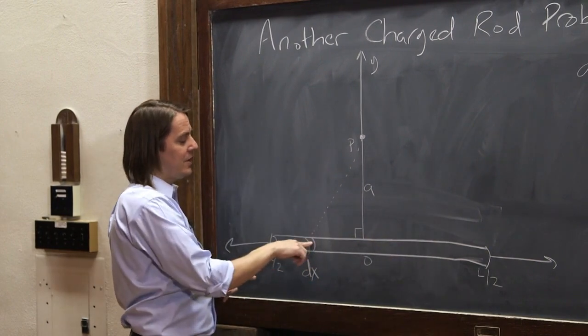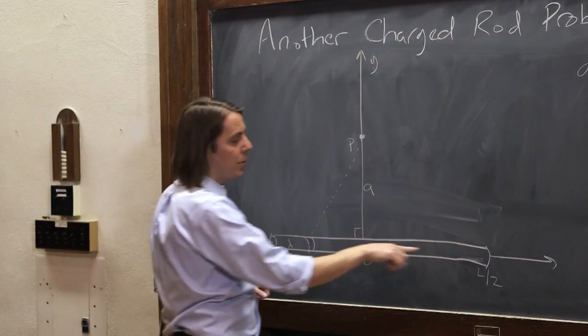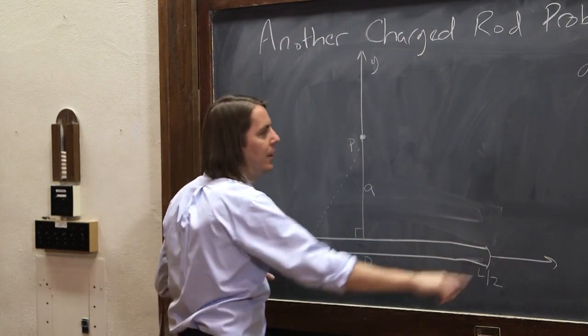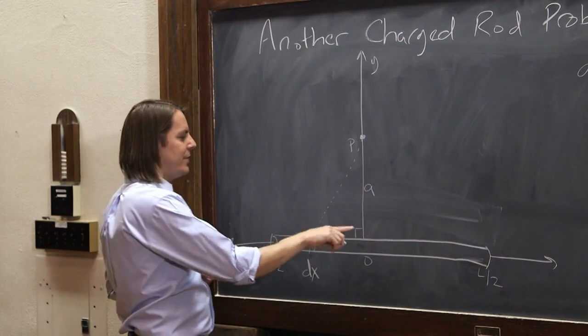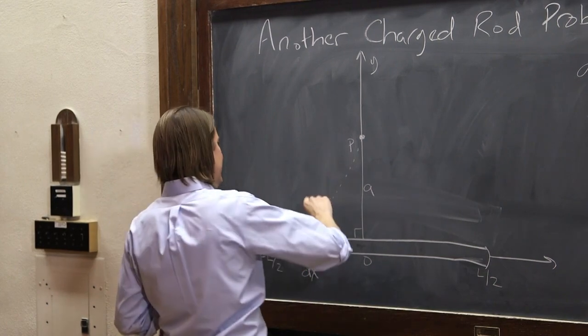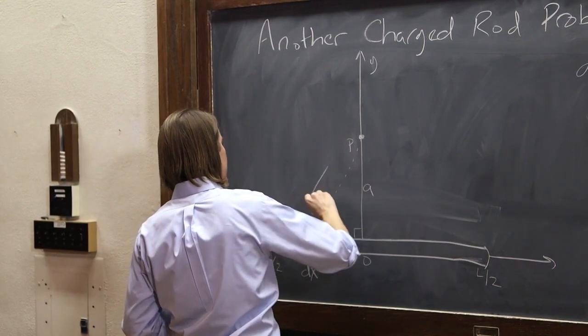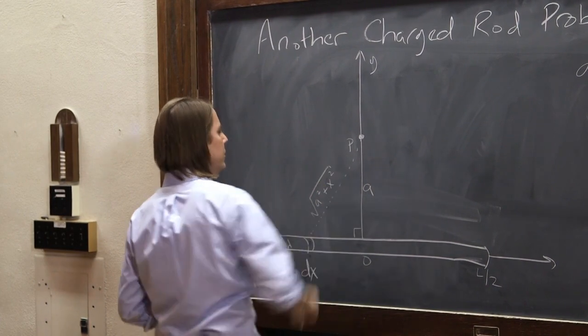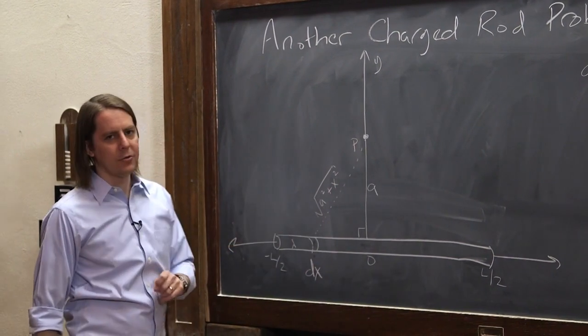Here it's actually sitting at negative x. You could also have it here at positive x. We're going to think about it everywhere between minus L over 2 and L over 2. So if that's the case, then this length is the square root of a squared plus x squared. So just use the Pythagorean theorem on that triangle.